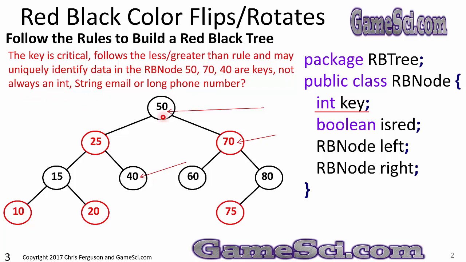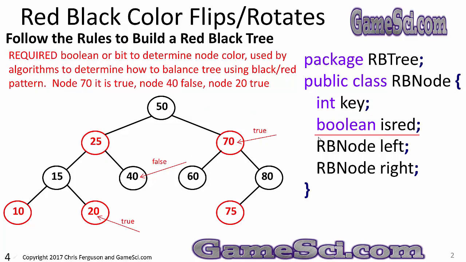I use ints in my examples, and most books use ints in their examples because ints are easy to understand. It's very simple to do a less than and greater than on an int. We're logically showing you how a red-black tree is set up using ints, but there's nothing about a red-black tree that insists the key has to be an int. Anything you can compare and determine less than and greater than can be used as a key to a balanced binary tree.